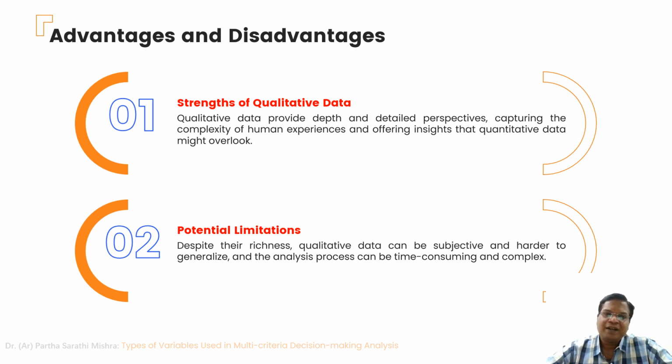Philosophy is always qualitative. Whether we are dealing with quantitative data or qualitative data, at the end, whatever results we are getting, we have to infer it in terms of quality. So that's why qualitative data research is always important, and that kind of research we can do in the MCDM process.